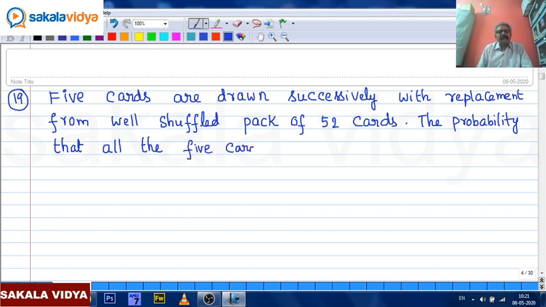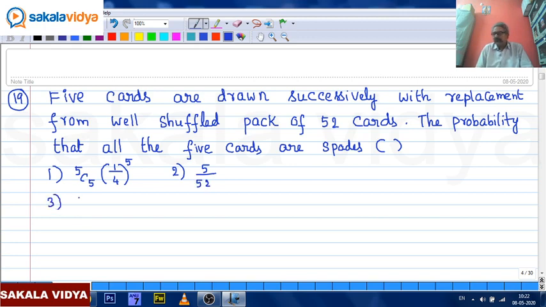First option 5C5 into 1 by 4 whole to the power of 5. Second option is 5 by 52. Third option is 3 by 4 whole to the power of 5. Fourth option 3 by 4 whole square. This is the problem.